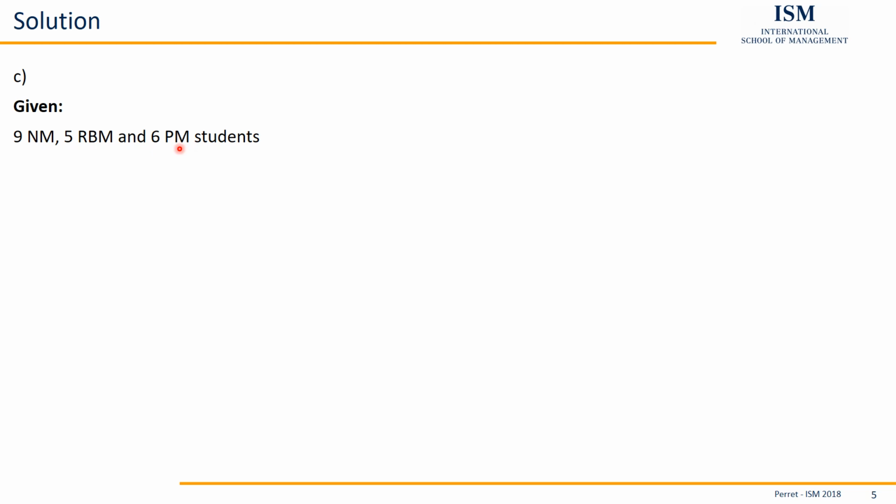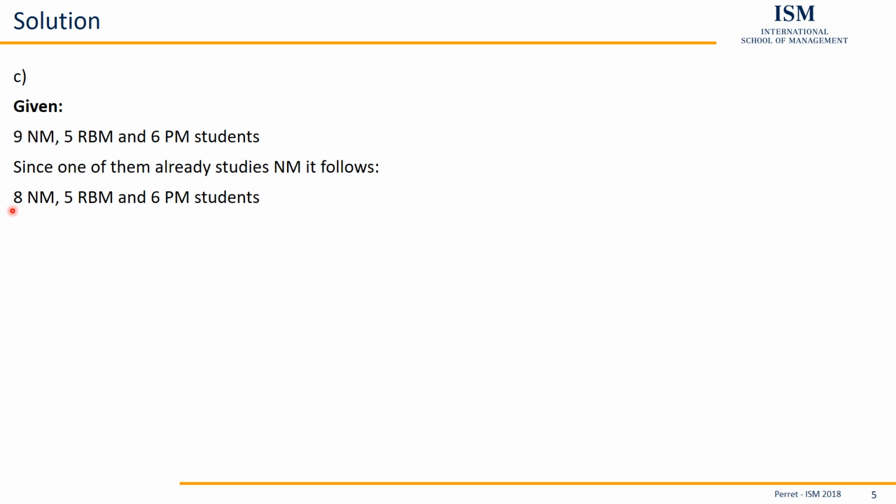Then I have my sample of 3 students, and I already have the information that one of those 3 students studies NM. So since one of them already studies NM, for the remaining 2, I can only select from those students. One of them is already gone, and also one of the places in a group is already gone.